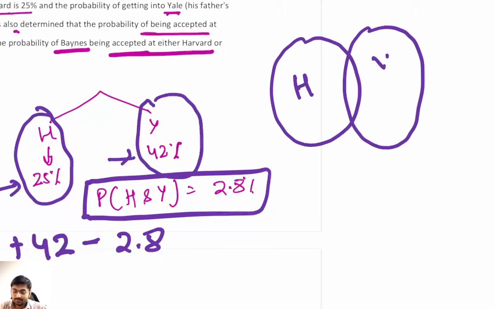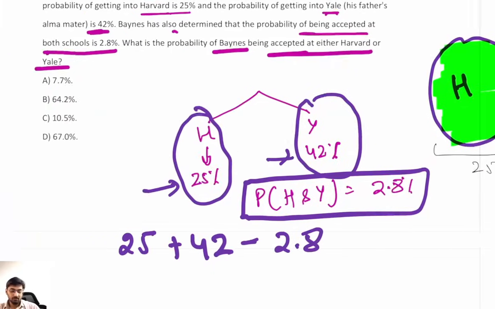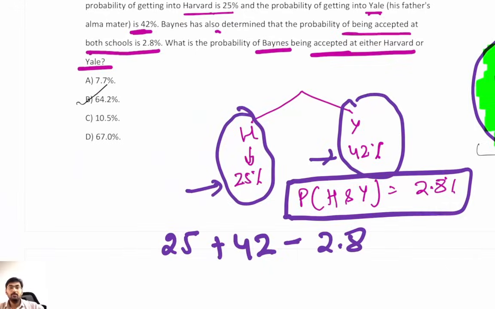This is Harvard and this is Yale, and this is your 2.8%. So what is the probability only for Harvard? This is only for Harvard. And what is the probability only for Yale? Clear? So this whole total was 25 and this whole total was 42. So what I am doing, I am removing this portion of 2.8%. Are you clear? This is my solution. So 25 plus 42 minus 2.8, 64.2%. So the answer is going to be B. Clear?